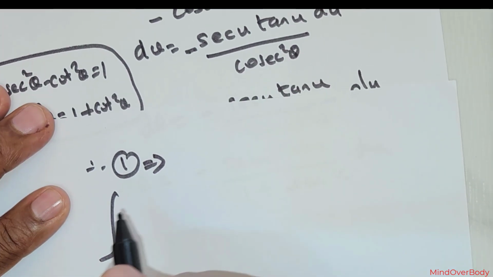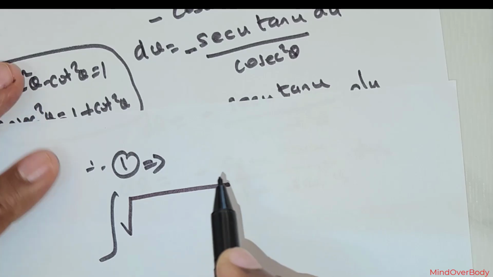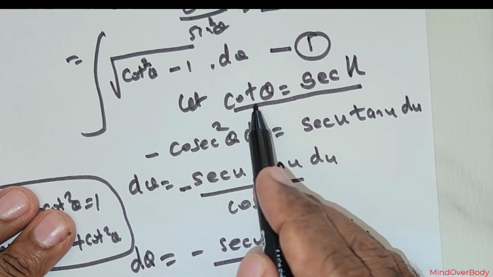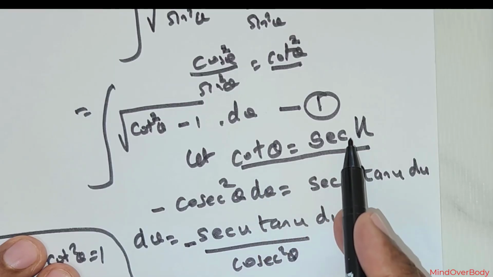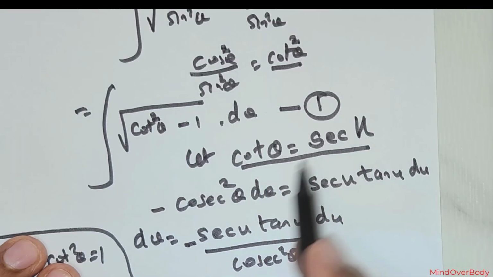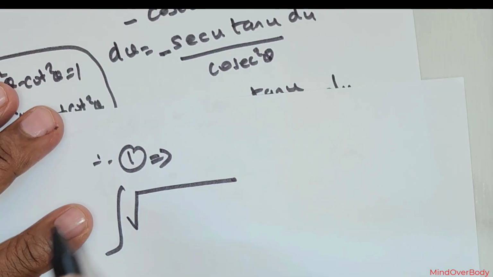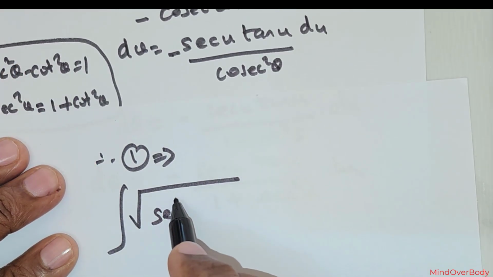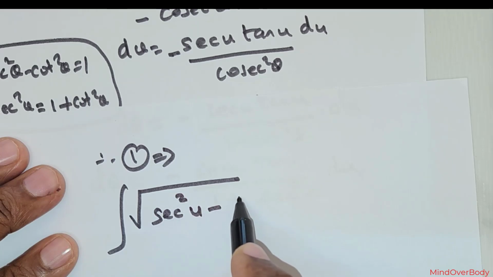So now this is equal to square root of, in place of cot I'm going to use secant. So you will have to use secant there, since cot squared is present. So this is secant squared u minus 1.